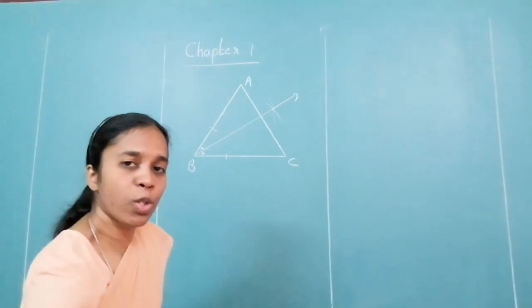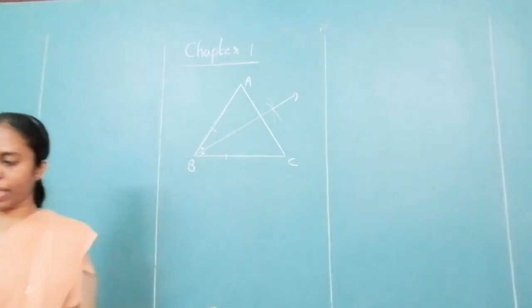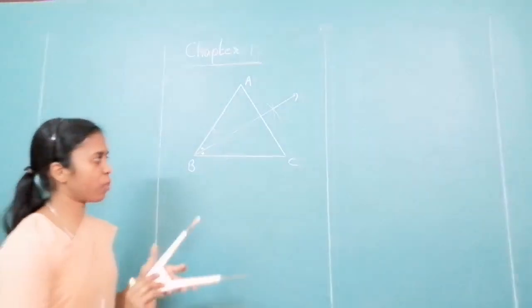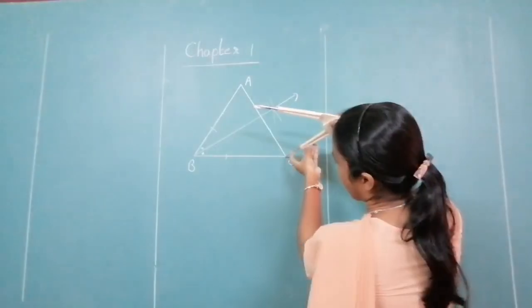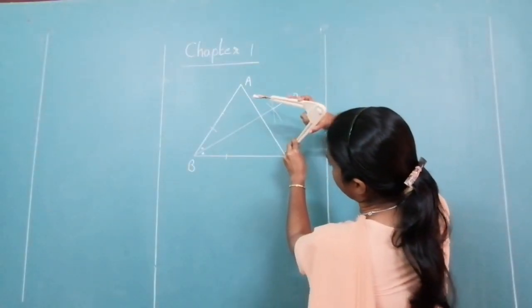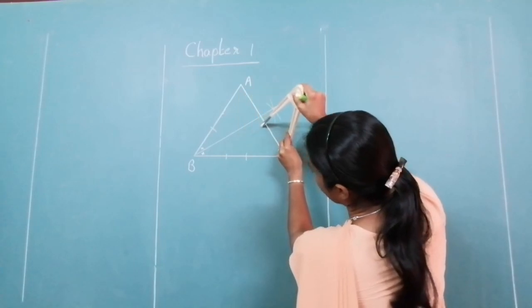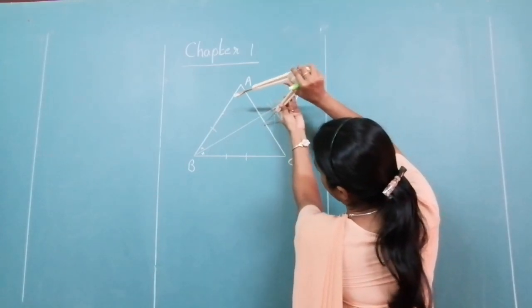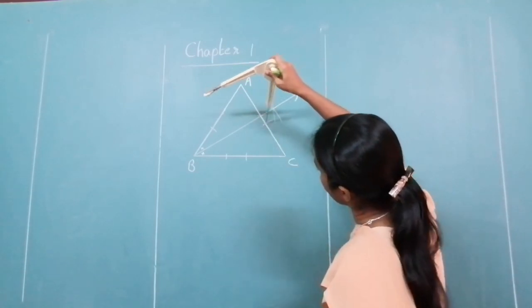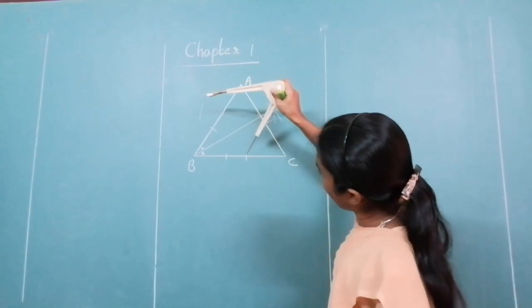Similarly, now I want to draw an angle bisector for C. How do I draw it? Keep the compass point on C. Mark the arcs. Now from wherever you have marked, again I will tell you, please take it outside the triangle. Mark from there.